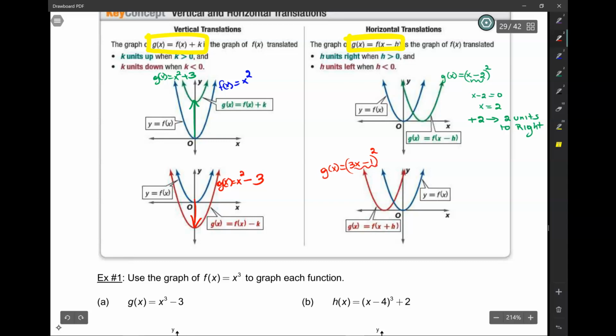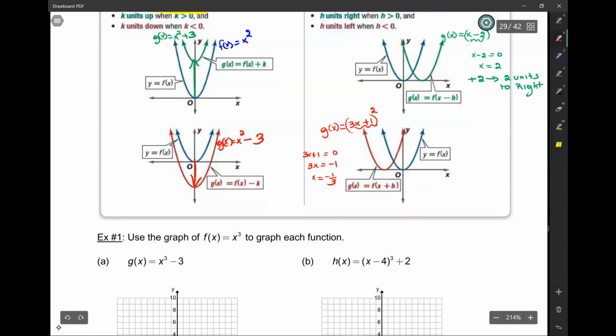I take my 3x plus 1, set it equal to 0. So 3x is negative 1, and x is negative 1/3, right? So what does that tell me? Because it's negative 1/3, it moves to the left 1/3 of a unit. All right? They're not all going to be whole numbers.